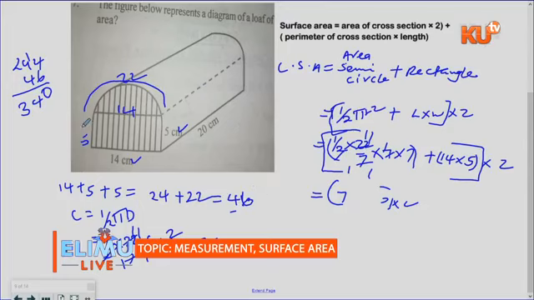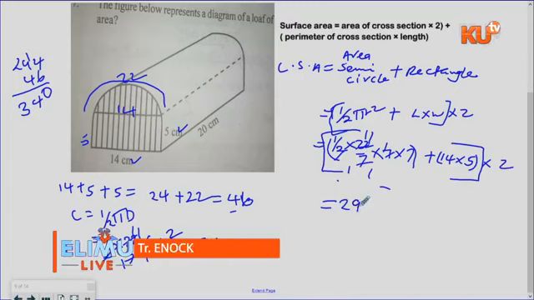So before we add, remember this one here had given us 294. So we come here. The perimeter of this cross section is 46. According to the formula, we are supposed to multiply the perimeter of the cross section times length.